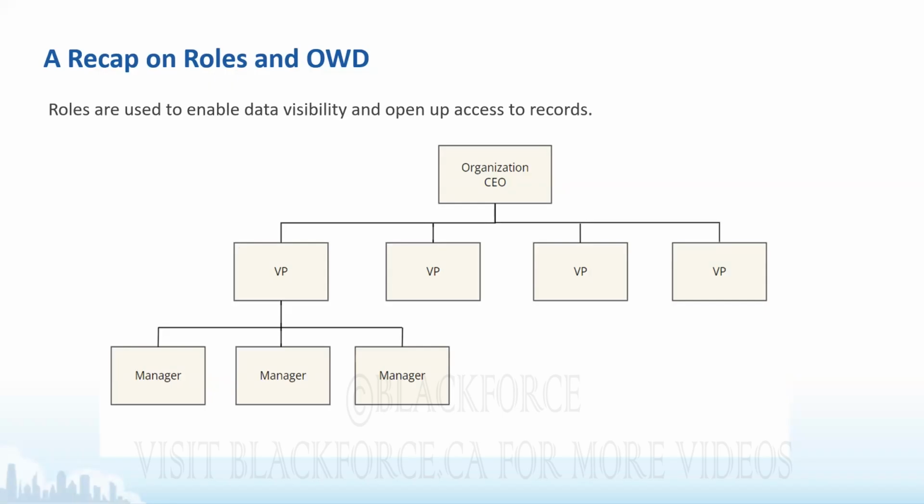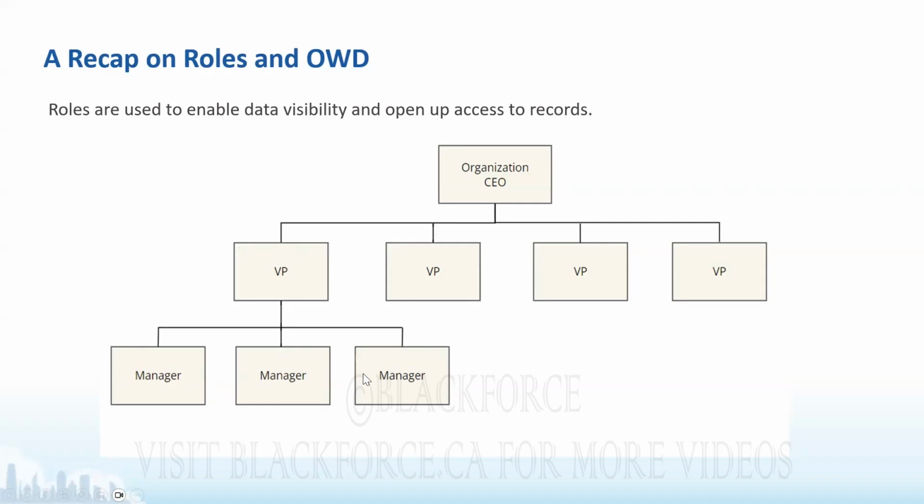It means that in a role structure, like you can see on the screen, we have the CEO at the top, and then we have VPs reporting to the CEO, and then we have managers reporting to the VP.